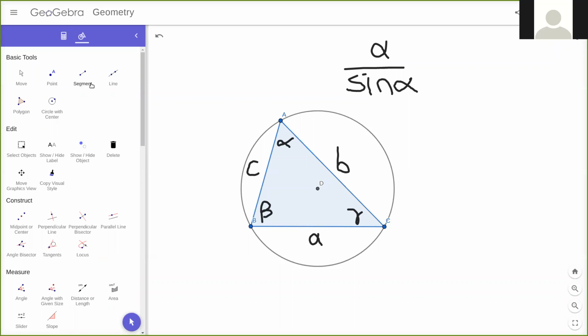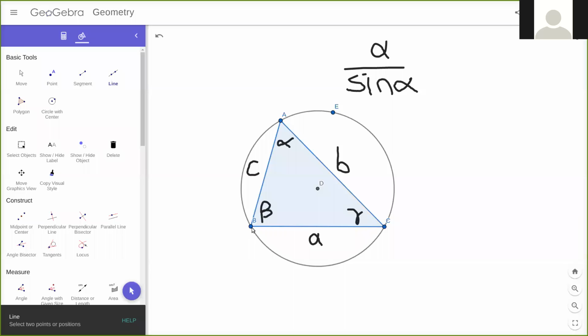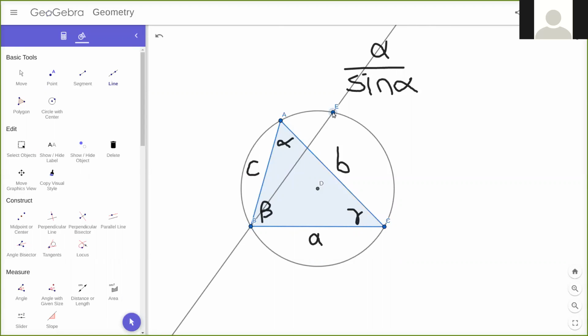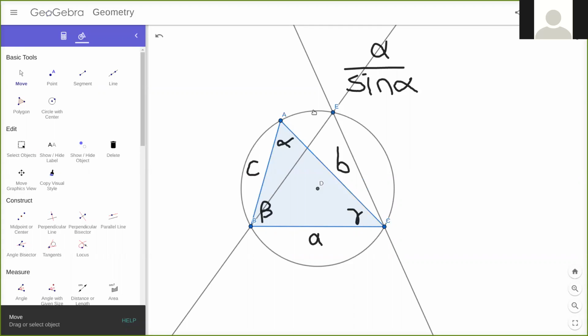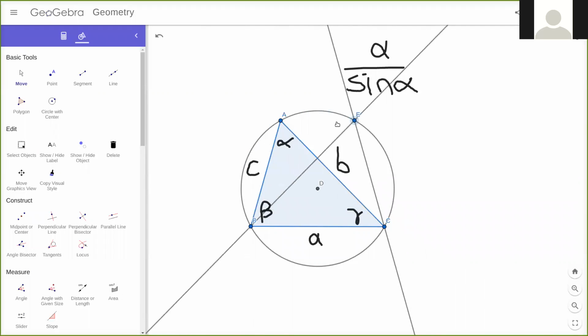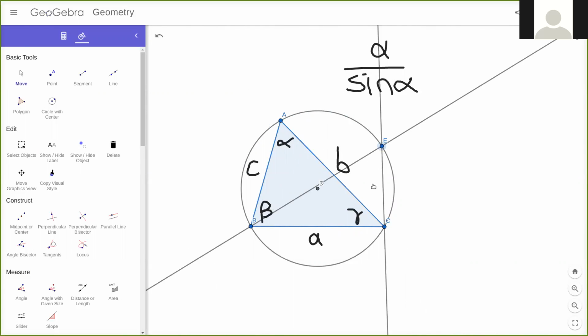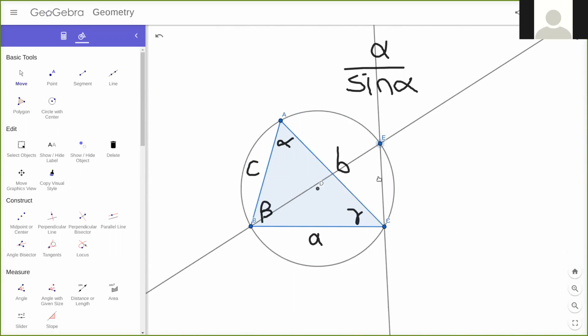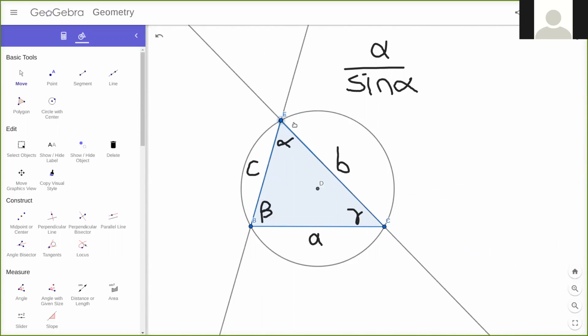So you may or may not recall from last time, but if we have any random point E on this circle, on this side of the arc BC, and if we create the angle BEC, it turns out wherever E is, angle BEC is always going to be alpha. Yes, same angle. Yeah, so angle BEC is always going to be alpha.